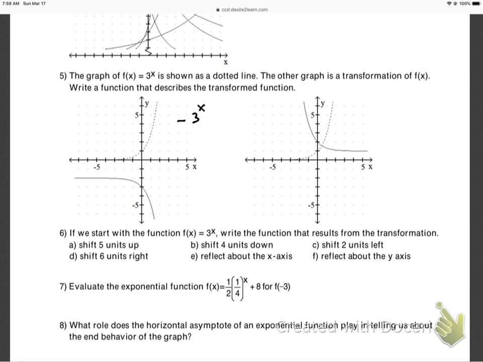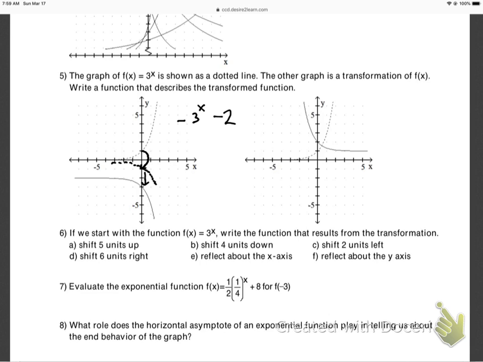This will go down to here. Okay, think about that. That's just me flipping it over the x-axis. Can you see that I've therefore moved it down 2? Okay, so possibly that is it. That's what I can see right now. I flipped it over the x-axis and moved it down 2.